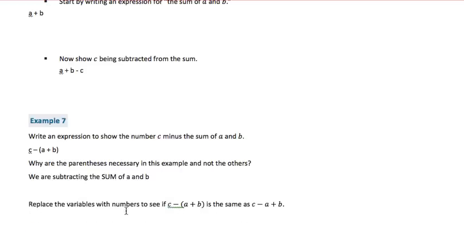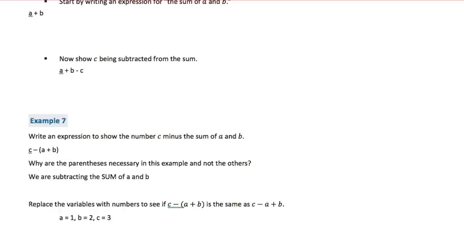Now, just to prove that, let's take a look at the difference between these two. Replace the variables with numbers to see if c minus the sum a and b is the same as c minus a plus b. So let's make a equal 1, b equal 2, and c equal 3.